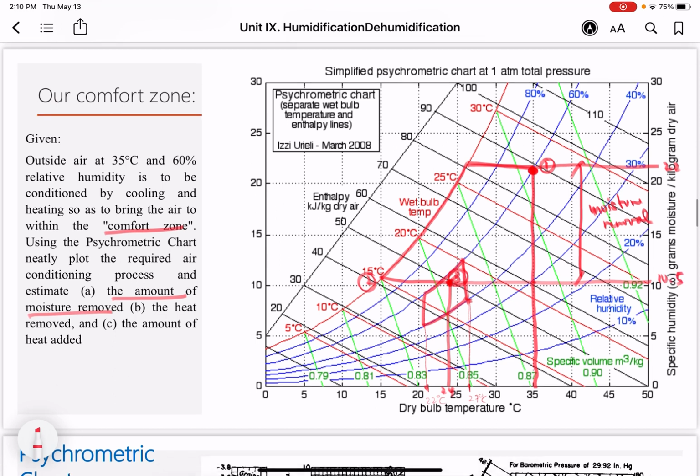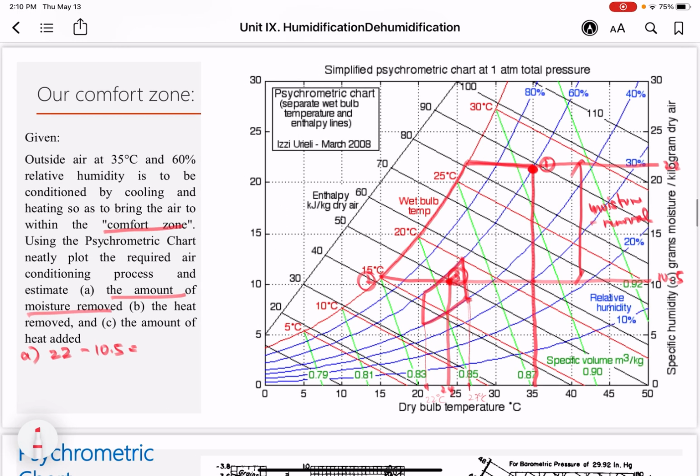So the amount of moisture removed, yung moisture removal na to, is I have 22 grams of water per kilogram dry air minus 10.5. So you get the difference is around 11.5 grams of water per kilogram dry air.